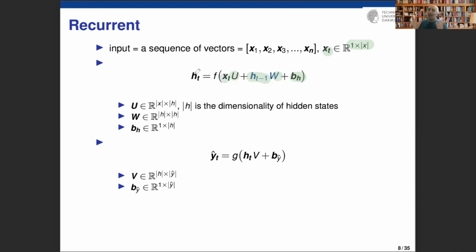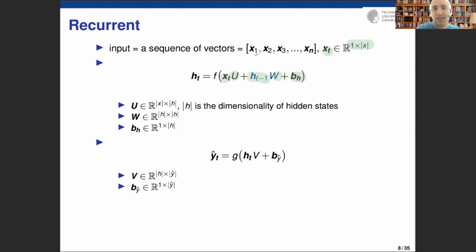You use the linearity that we always use in multi-layer perceptrons. So you multiply each input by a matrix and sum them up. This is the approach in neural models always. You multiply the inputs by some matrix, then you sum them up and give the output to some activation function.